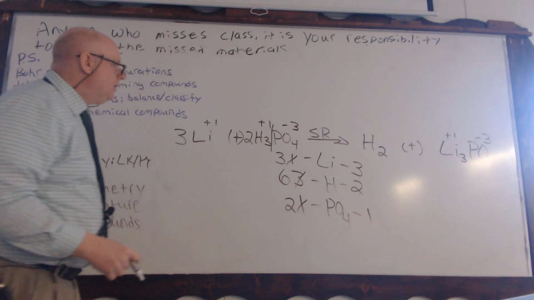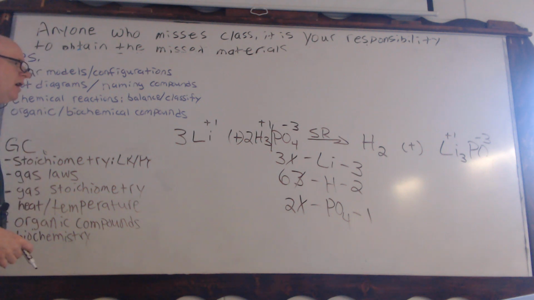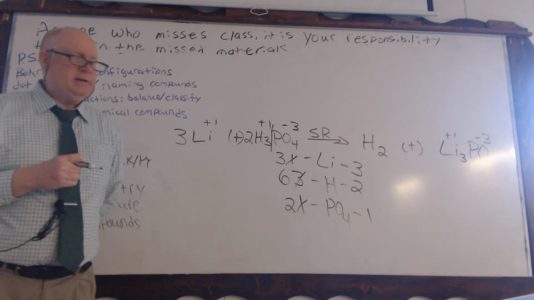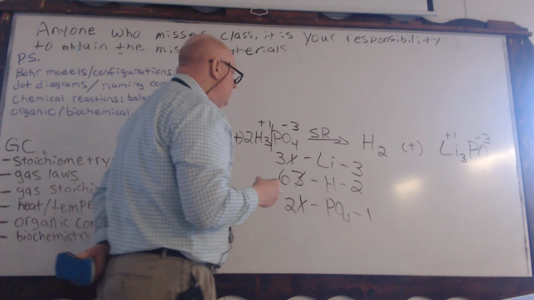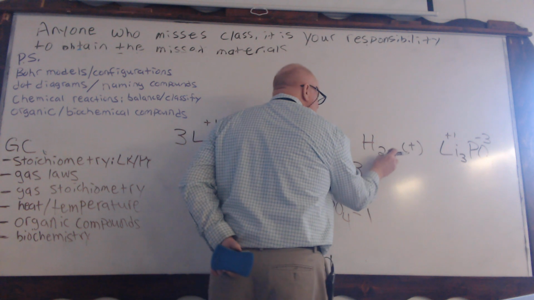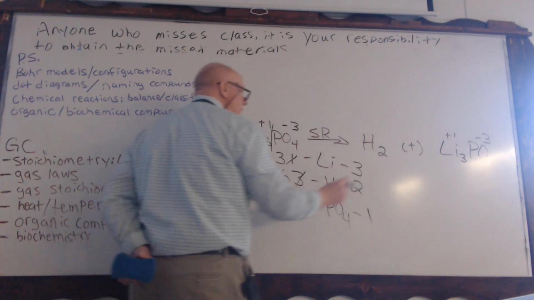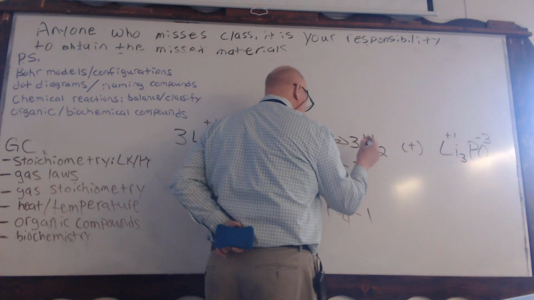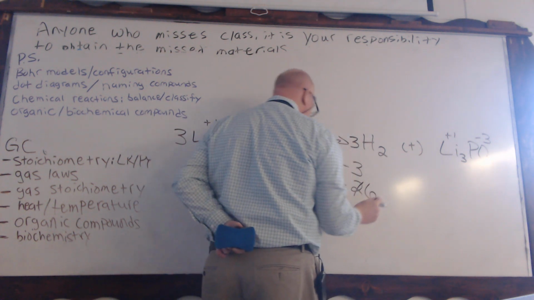Now, everything's balanced except for our hydrogens and our phosphates. And they're in 2 separate spots, unlike the last example we did. Okay, so how do we get this up to the number 6? Multiply that by 3. So that gives us 6 there.